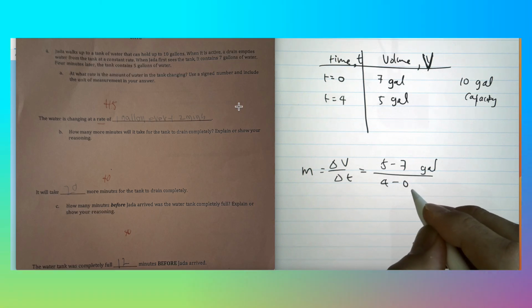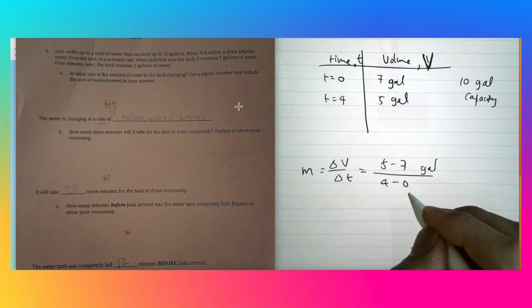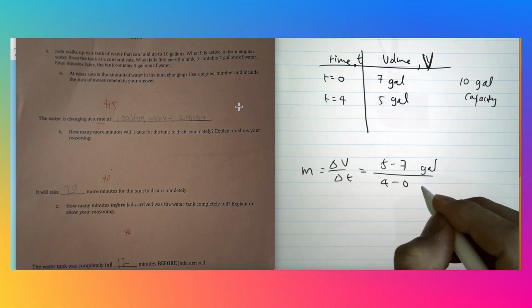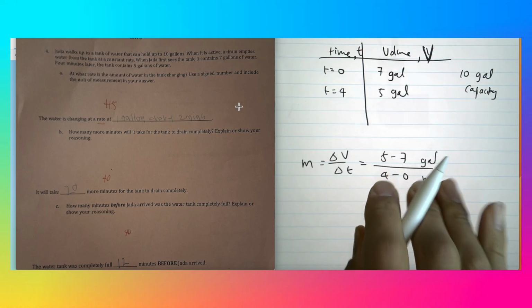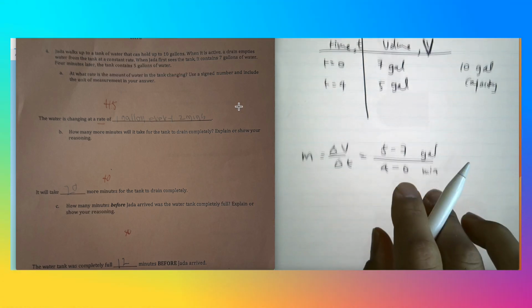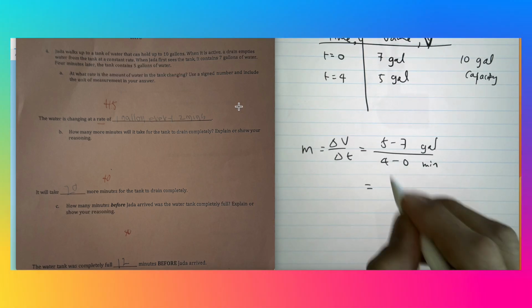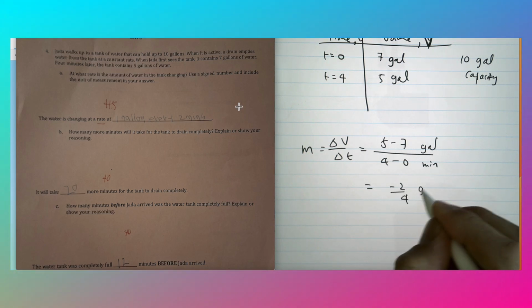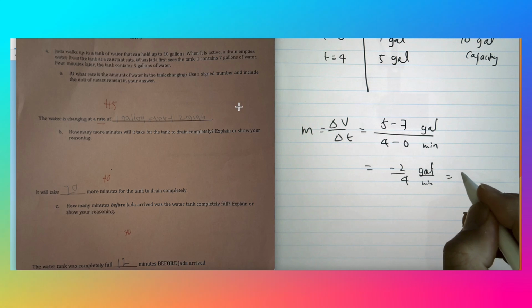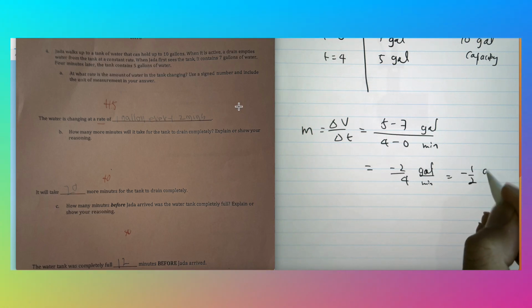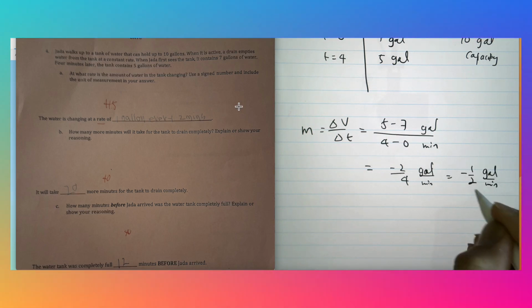It said it's in minutes, right? 4 minutes later, yes, so it's a minute. You need to write the unit whenever you have a rate question. So we have negative 2 over 4 gallon per minute, and that's equivalent to negative 1/2 gallon per minute.